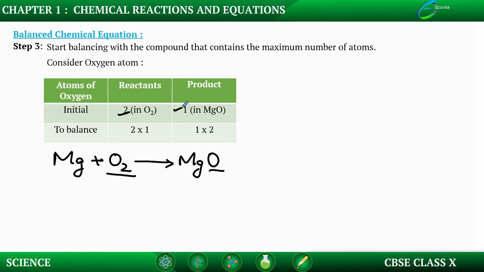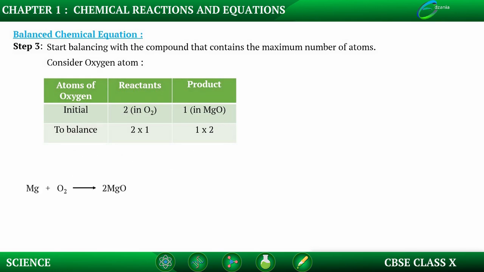To balance this equation, we multiply by 2 in the product. Thereby, our equation becomes Mg plus O2 gives rise to 2MgO, because we have multiplied by 2 in the product to balance the oxygen atoms. Now let us see whether the equation is balanced.